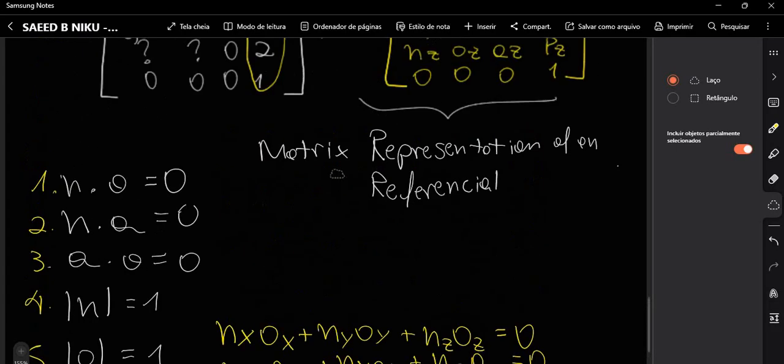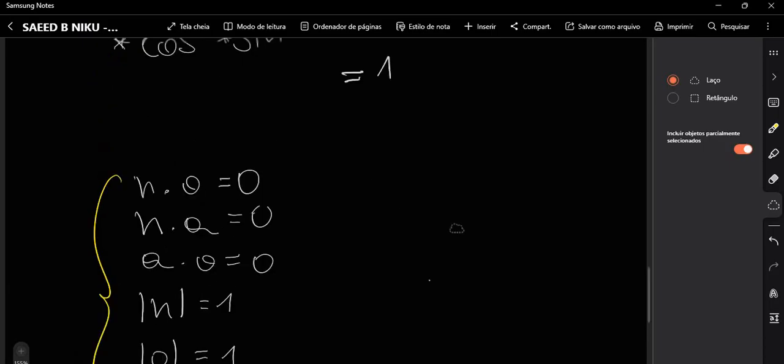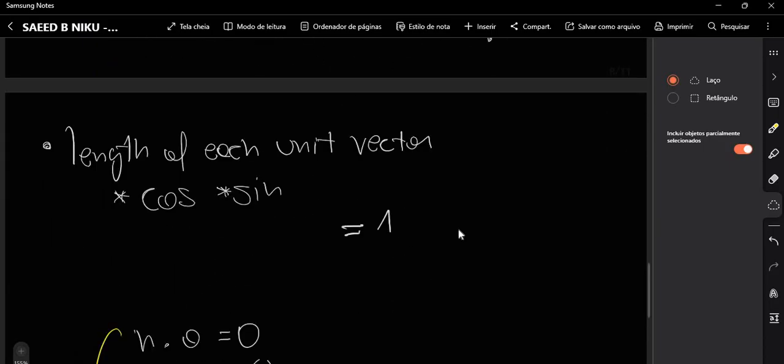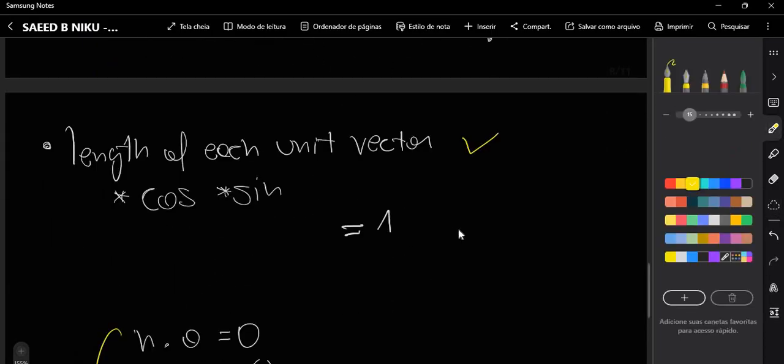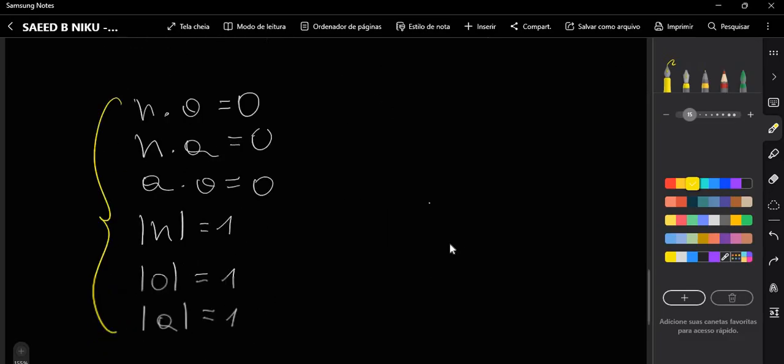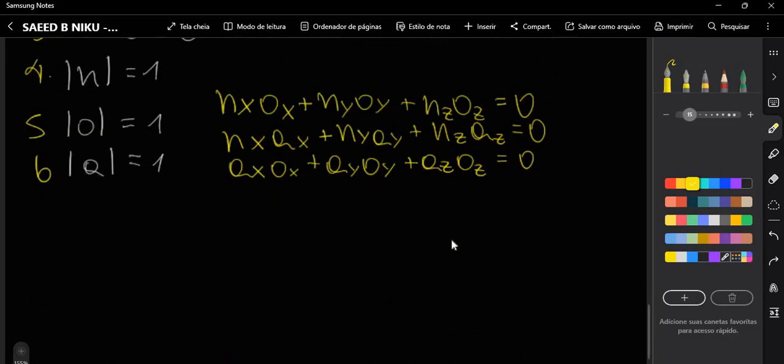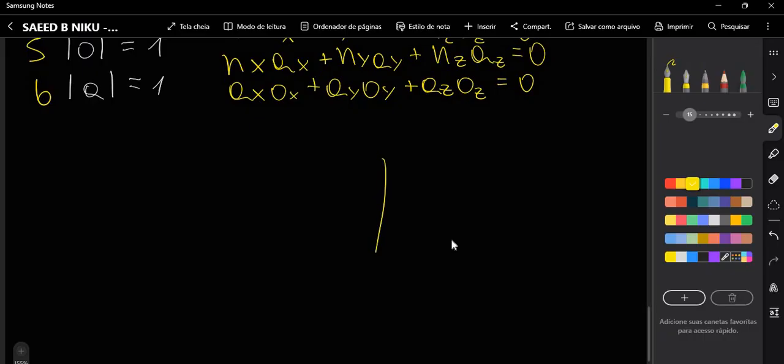And based on the second statement, the length of a vector, if you remember, we can calculate its length.